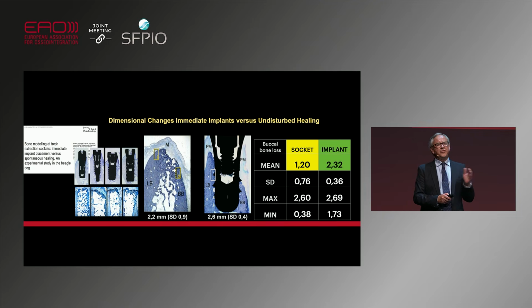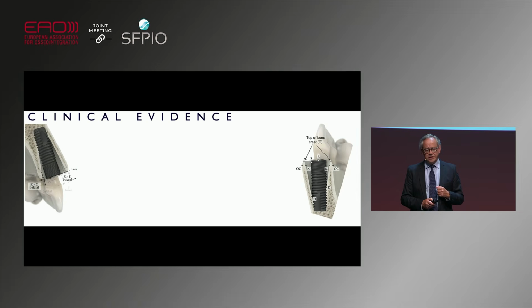And when we look at the figures, we see that the dimensional changes that occurred were always higher in the implant site than in the adjacent socket. So clearly, placing an implant in the socket does not prevent these alveolar changes.